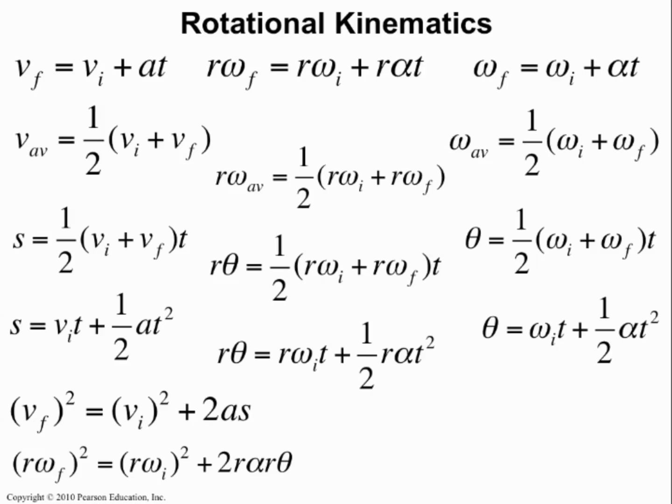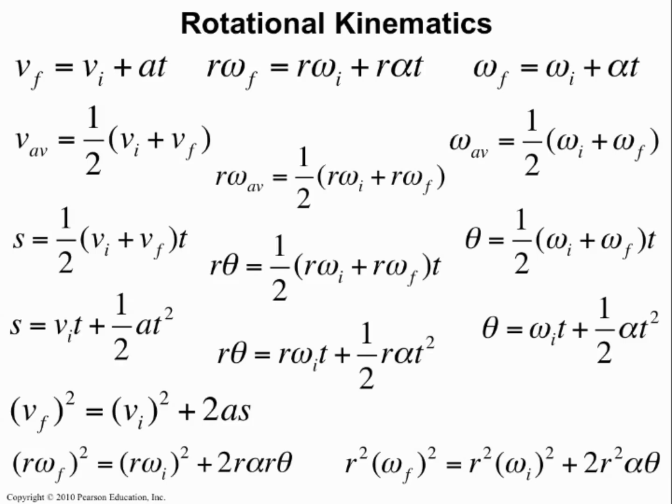All right, so just filling in our quantities, we have r omega f squared equals r omega i squared plus 2 r alpha r theta. All we did was just plug in the angular counterparts. And now we do our algebraic rearranging. So we have r squared omega f squared equals r squared omega i squared plus 2 r squared alpha theta.